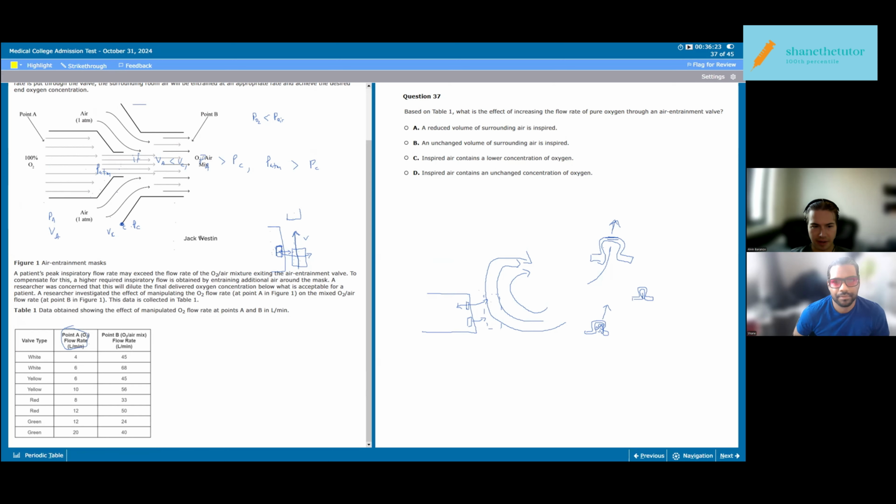That was asking to compare A and B. Yeah. So if you increase the O2 flow rate, what effect would that have?